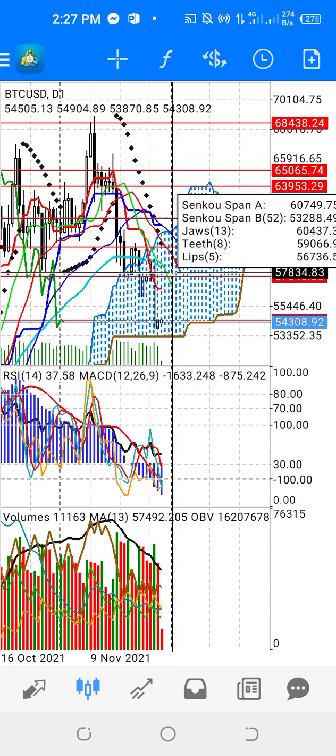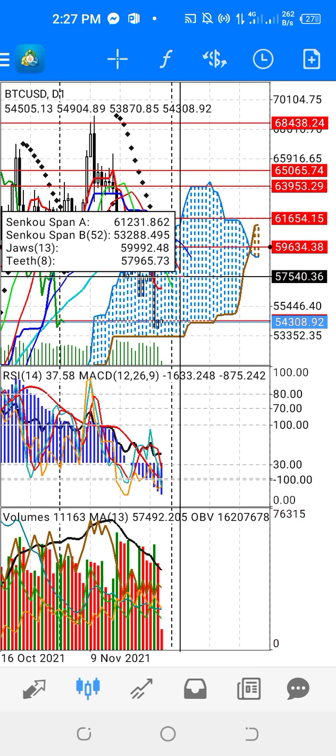Okay, this zone is a very strong, very thick resistance.